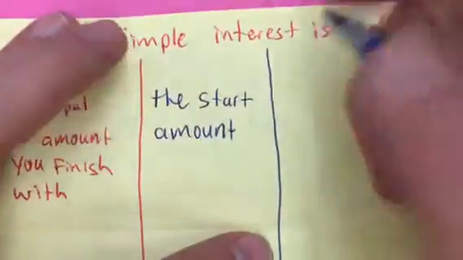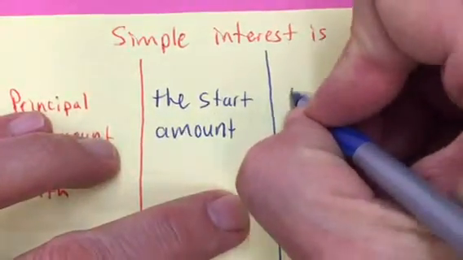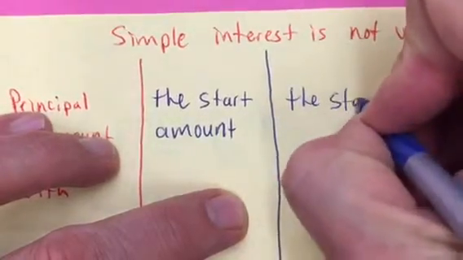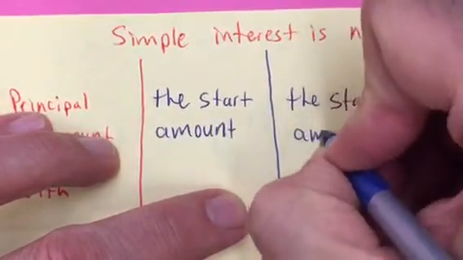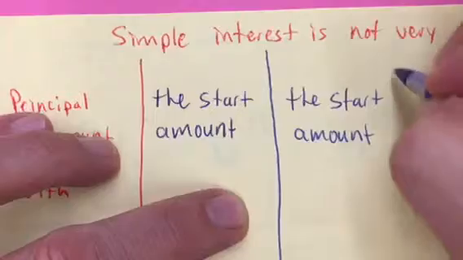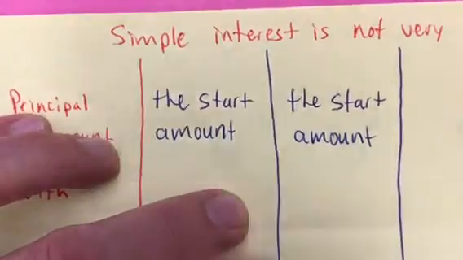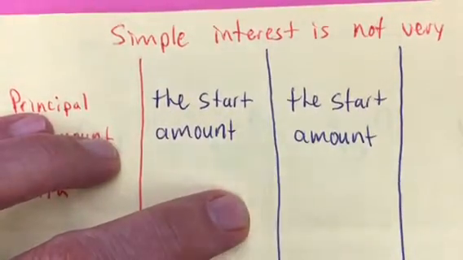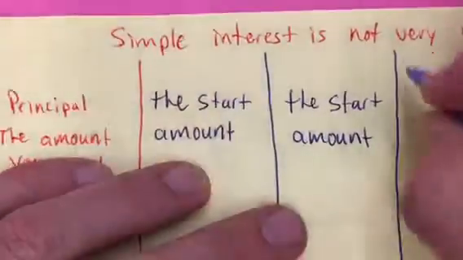The nice thing about interest is you're going to add your starting amount back in, but only a portion of it. So you need your starting amount again. Because what you're going to do is multiply that starting amount times your interest rate and your time.